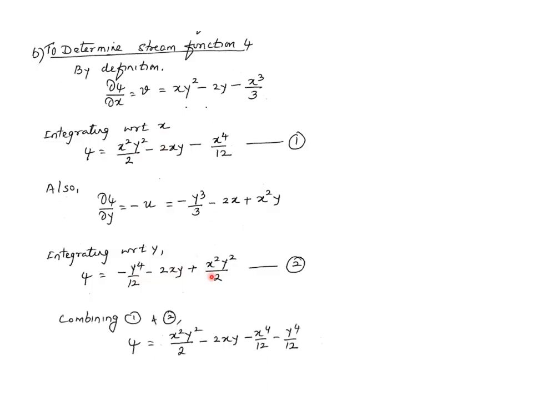So when you combine this, the function can be written as x square plus y square by 2 only once, minus 2xy once, then minus x to the power of 4 by 12 and minus y to the power of 4 by 12. So this is how you write the equations when you are trying to combine equation 1 and equation 2. Last time I didn't write 10xy plus 10xy as 20xy, I wrote it as 10xy only. So this shows that we write the similar terms once and the other terms again once.